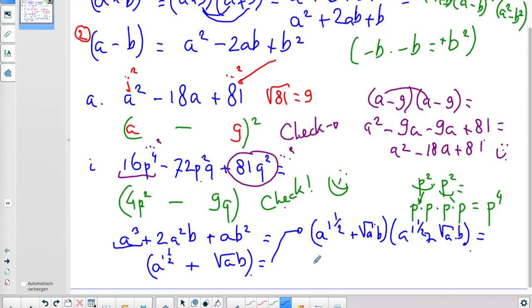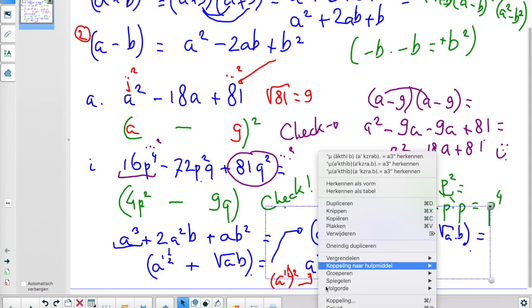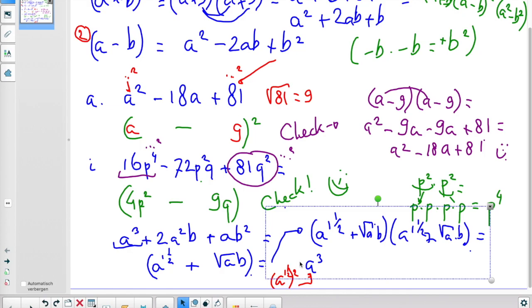Well, 1.5 doubled is a to the power of 3. So it's a to the power of 1.5 to the power of 2. You know, it's this one.